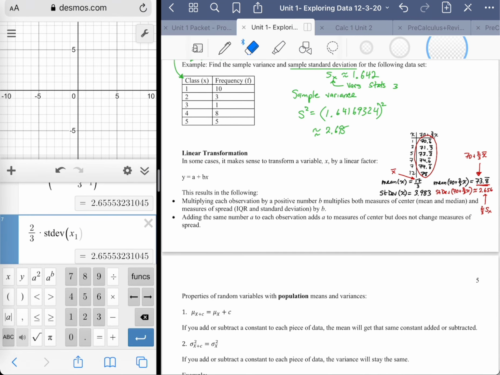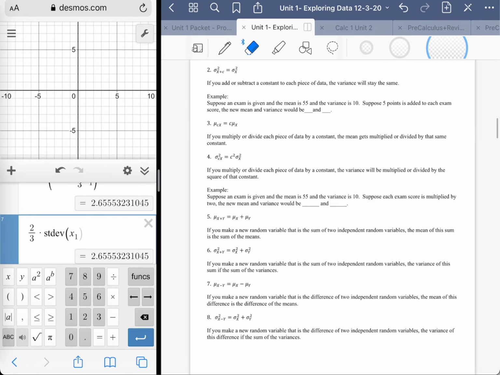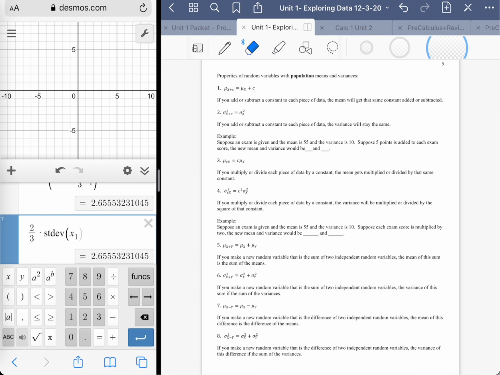All right. So the next page, you're going to want to memorize all these rules. You will be assessed on these, so I'm going to put a big star on this. There's nothing really to go over here. You just got to know these rules.